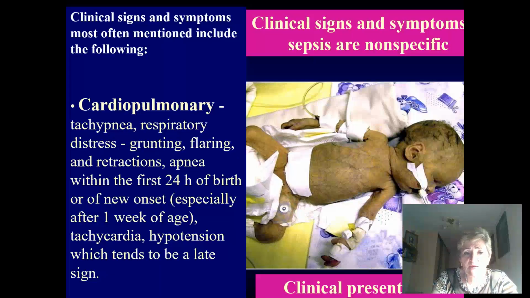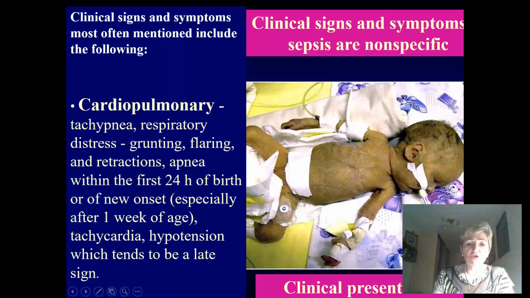Cardiopulmonary disorder: tachypnea, respiratory distress, grunting, flaring, retraction, apnea within the first 24 hours of birth, or when it is a new onset, especially after 1 week of life.